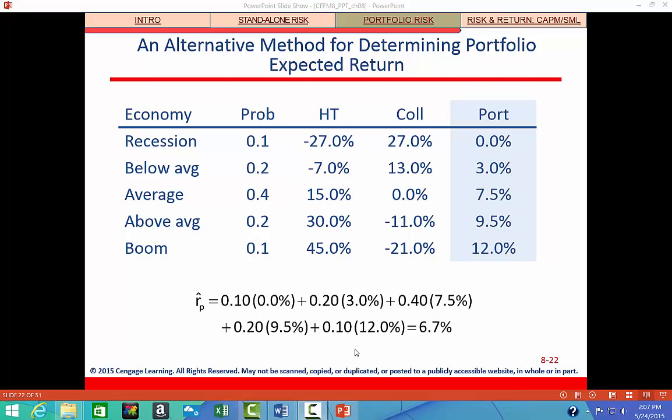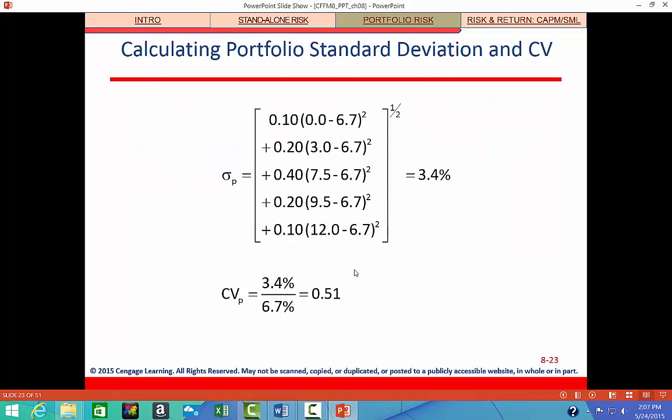And you just add up all of this and you get the same number, 6.7%. This is the long method, just another choice, not a really good choice, but it's another way you could do this problem. Sometimes some people like to know this.